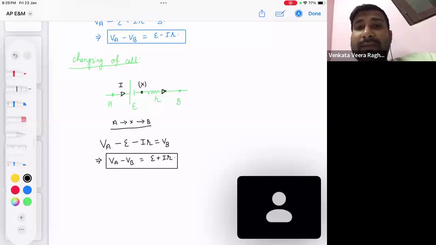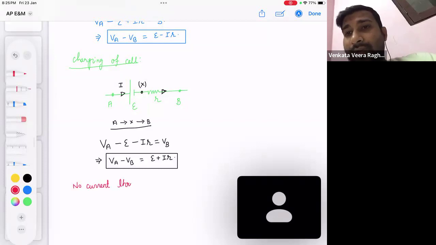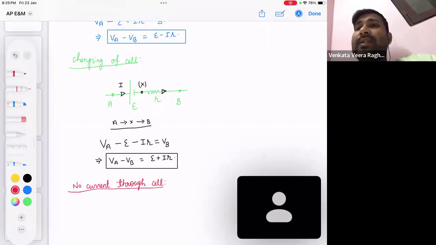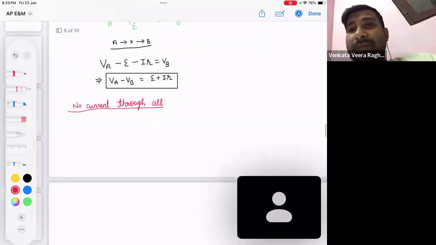Now, the third case we have is no current, no current through the cell. If the cell is not having any current through it, can you tell me what the potential difference will be? This is the point A, this is the point B, EMF, internal resistance.